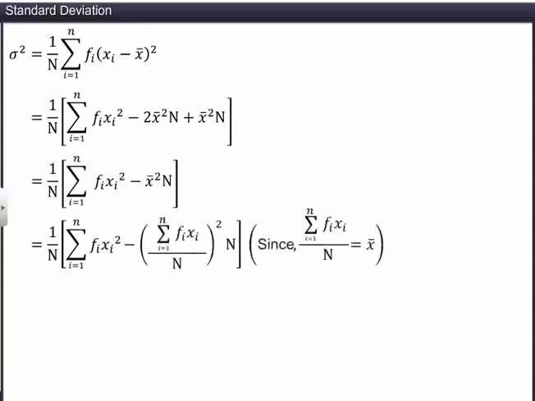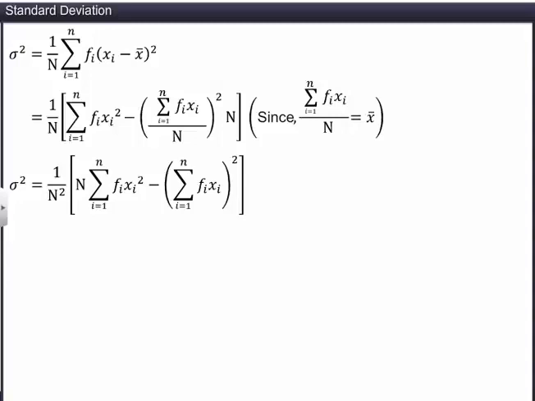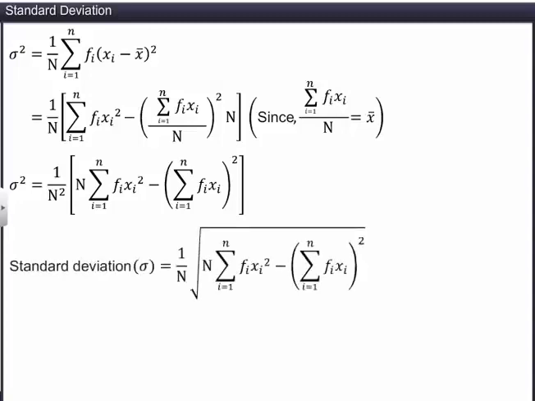This is the alternative formula for the variance of a continuous frequency distribution. Therefore, the alternative formula for the standard deviation is obtained as shown. In this formula, note that there is no need to find the mean and deviations of the frequency distribution.